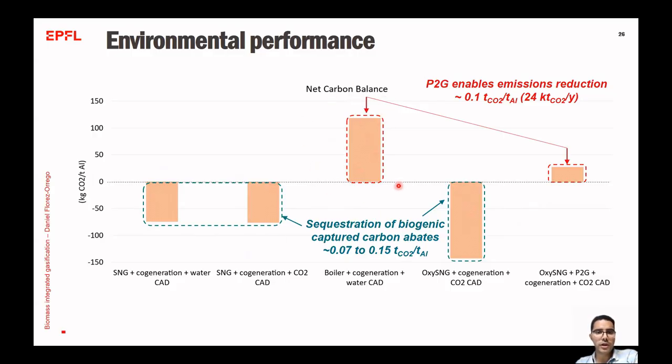But when we use natural gas, because we are not using the biomass to produce synthetic natural gas, we have a very large amount of fossil CO2 emissions. Here it's important to realize that even by using the power-to-gas system, we can reduce the emissions compared to the business as usual scenario, which is using fossil natural gas in the aluminum plant. We still have a little bit of emissions because the electricity consumption carries with it some indirect emissions.